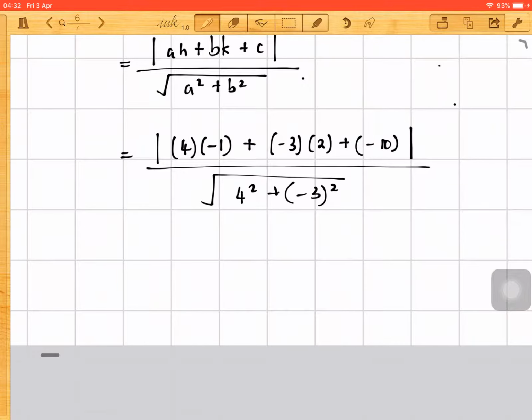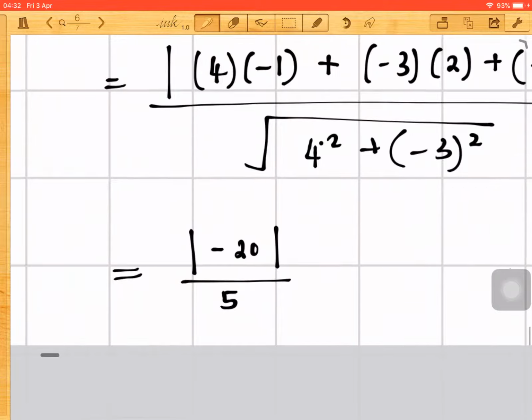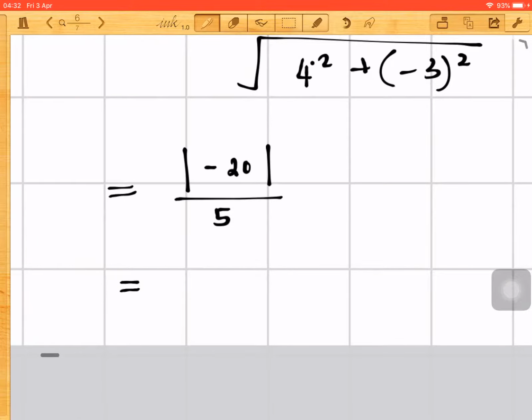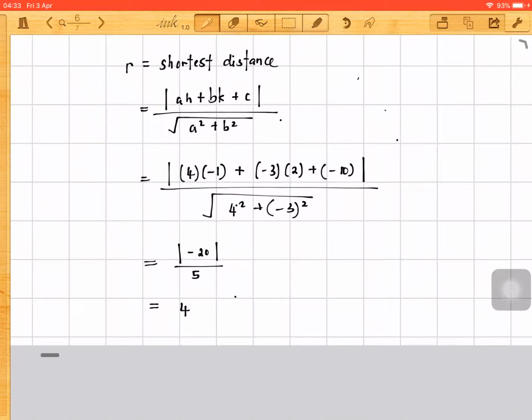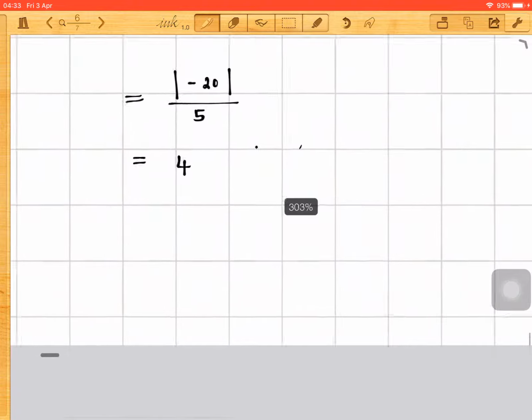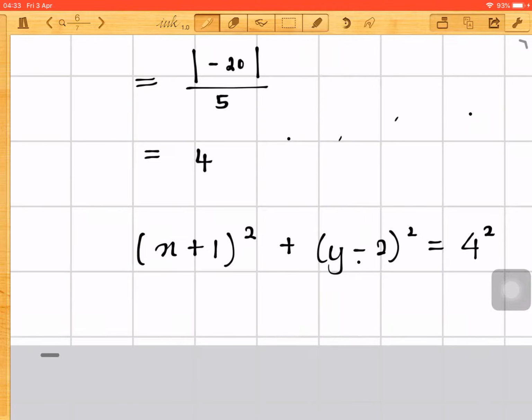By using calculator, you can get the value is modulus of -20 over 5. Because of the modulus, it's going to be 20 over 5, which is 4. So the shortest distance from the line to the center is 4 units, which is also the radius, 4. Therefore, we have the equation of the circle is (x + 1) squared plus (y - 2) squared is 4 squared.